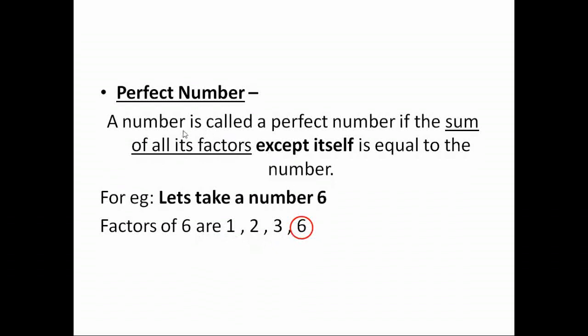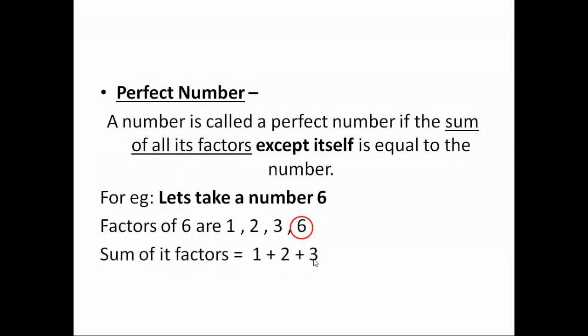And what does this definition of perfect number say? A number is called a perfect number if the sum of all its factors, means adding all the factors except itself, means except the number 6. So here the number 6 is also a factor, but we will not add this, and it should be equal to the number, means should be equal to 6. Let's add up 1, 2 and 3.